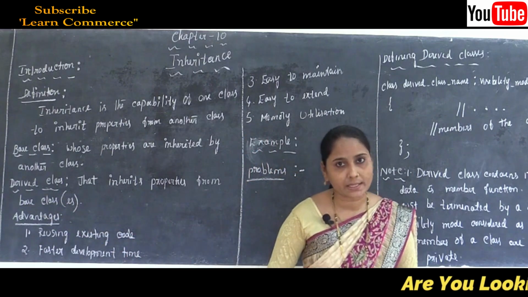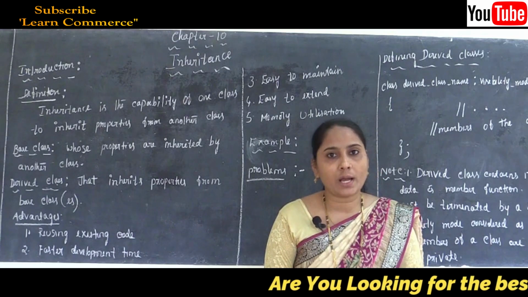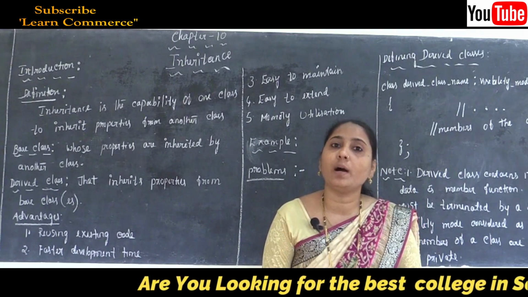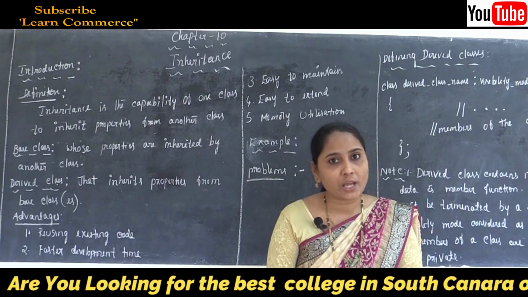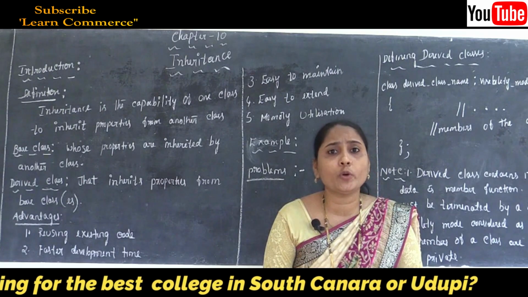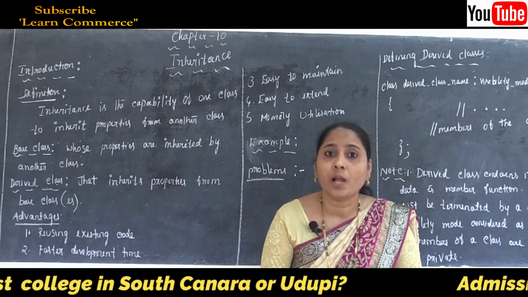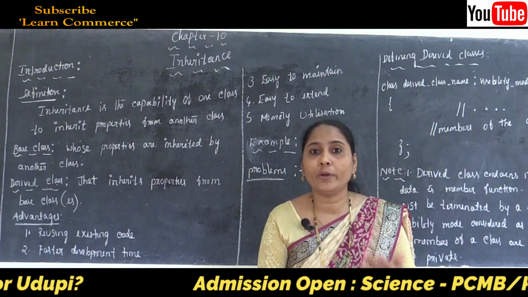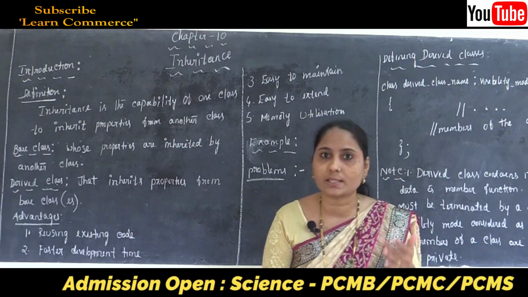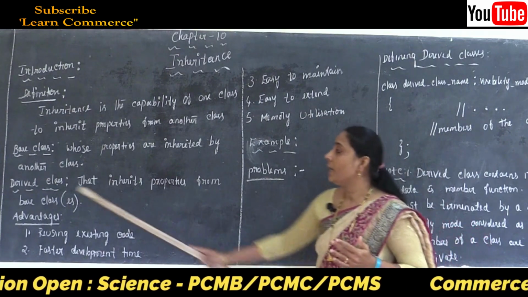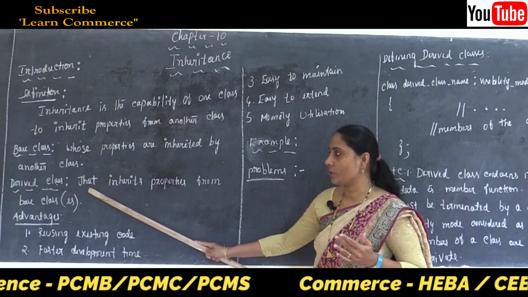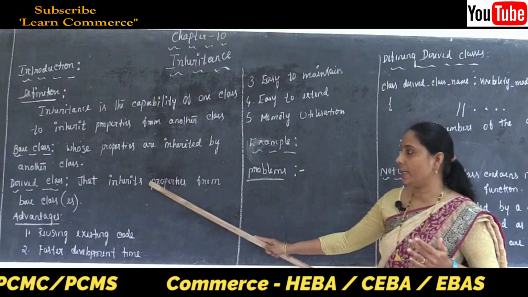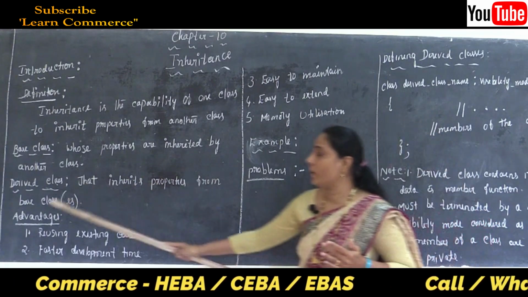Because here we know that a new class is constructed by using our base class. Sometimes a new class is constructed not just by using one base class, but by using a number of base classes. So the derived class is also a class, and it inherits the properties from our old class.